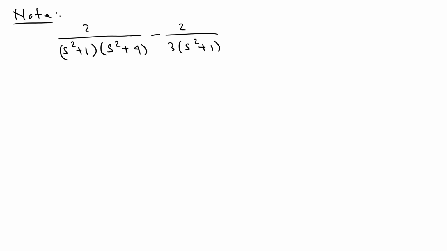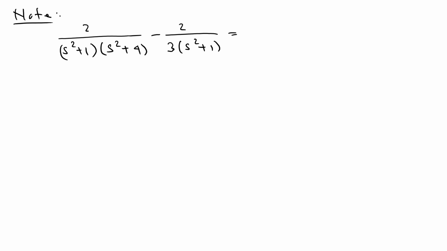So what we had was 2 over s squared plus 1 times s squared plus 4, minus 2/3 over s squared plus 1. Now my goal is to create an s squared plus 4 term in the numerator, because once you create that term and split, they might get cancelled.